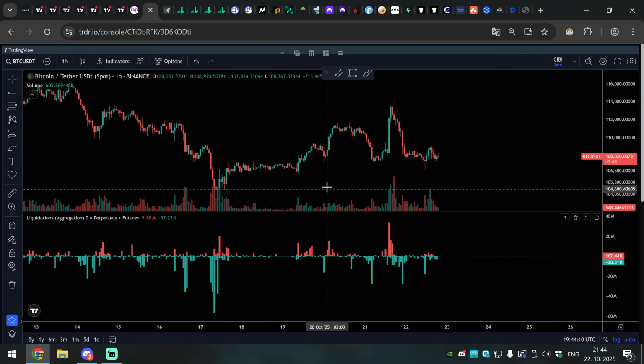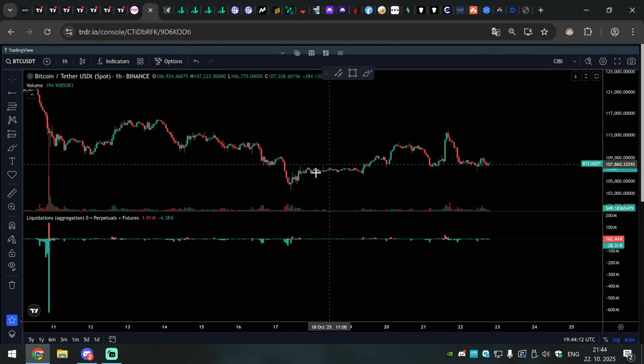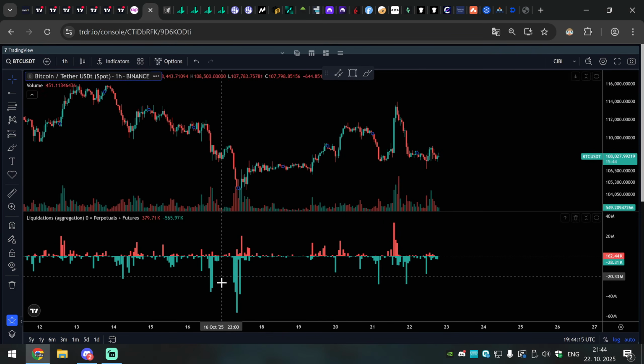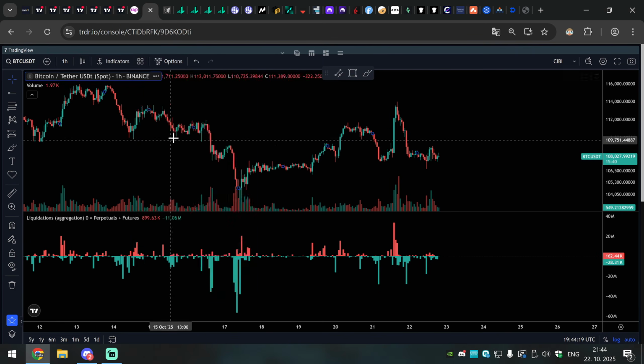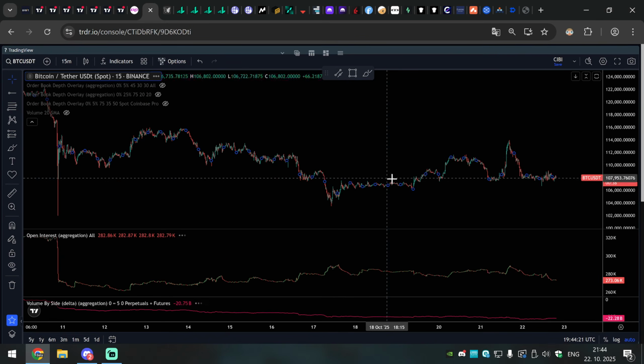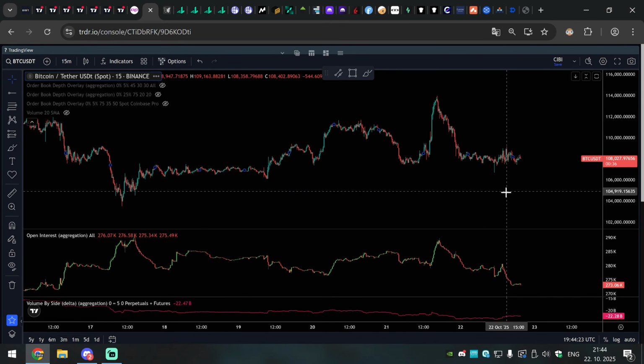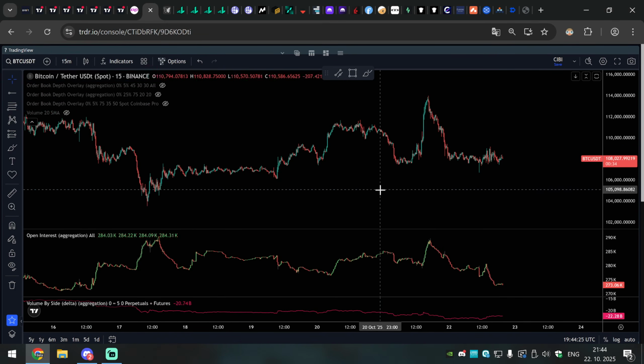Liquidations, nothing special, but yesterday on Friday we had really good liquidations as a confluence for our longs. Aggregated open interest continuing to bleed down on the global uncertainty.